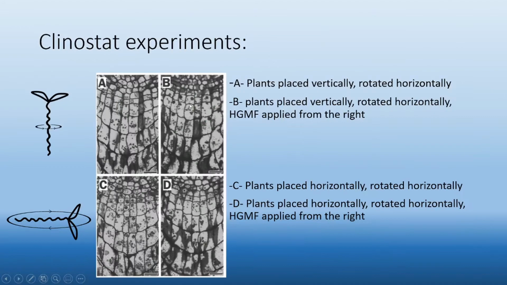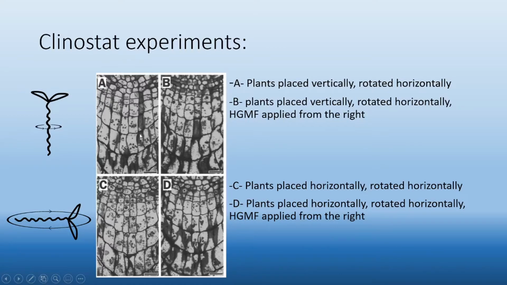Okay, so then the next experiment they did is with plants placed vertically, rotated horizontally. I did a little diagram because I think it's helpful. B, the plants were placed vertically and the HGMF was applied from the right. Because the clinostat is rotating the plant around, it causes the amyloplasts to sort of settle towards the middle.